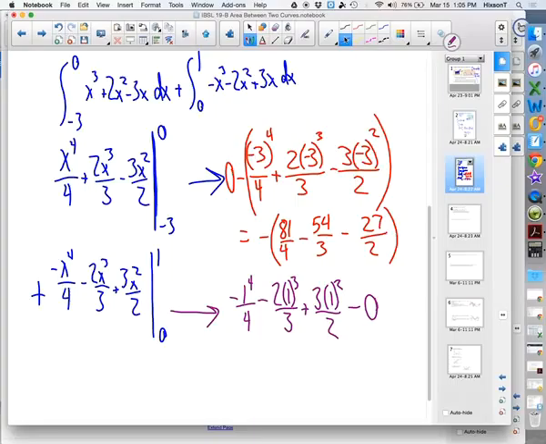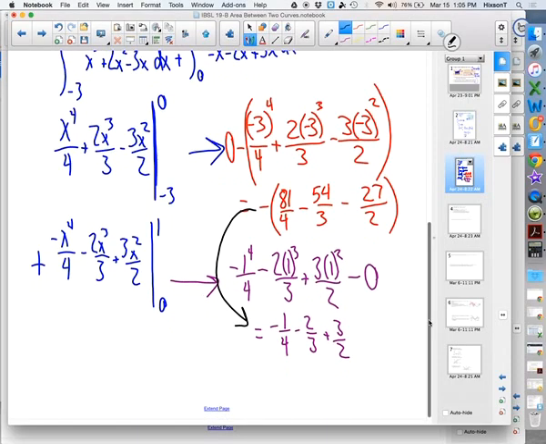Okay? So this whole thing is a negative 1/4 minus 2/3 plus 3/2. And now we can add these together to get our final answer.